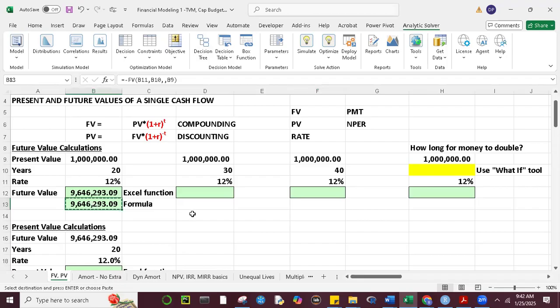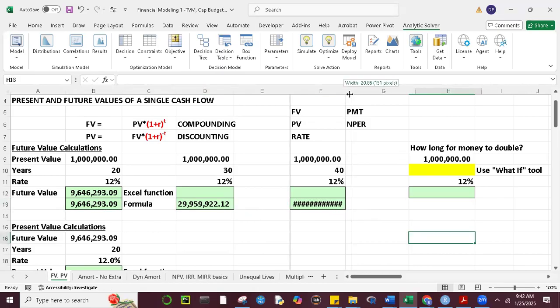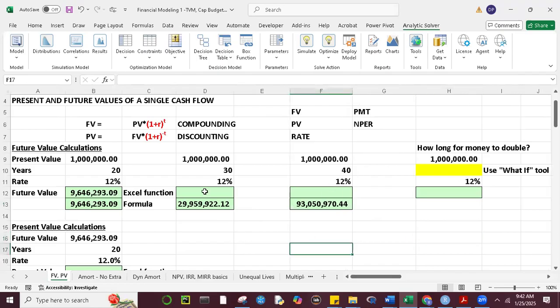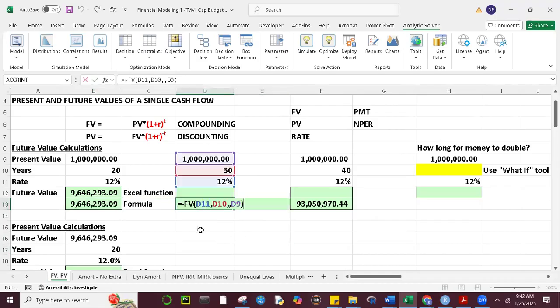Control C, Control V. I just copied the formula because all the givens are also on the same side here. So negative FV, 11 rate, N per PV. So you're correct.